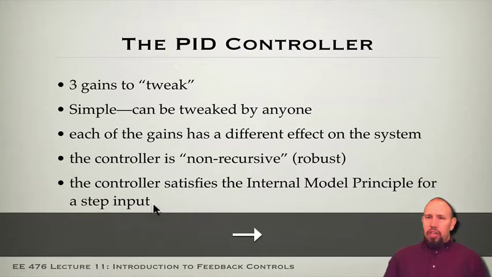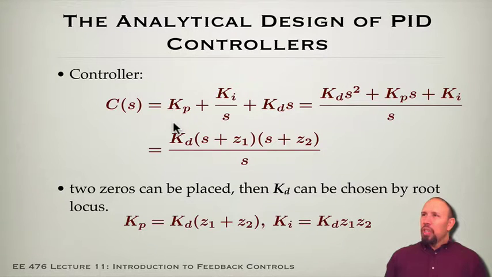In terms of the design of a PID controller, this is the form of the transfer function: Kp plus Ki over S plus Kd times S. If we put this all over a common denominator, we have a quadratic polynomial in the numerator divided by S. We could factor that quadratic polynomial into two roots times a constant gain. So basically the controller has a pole at the origin and two zeros.